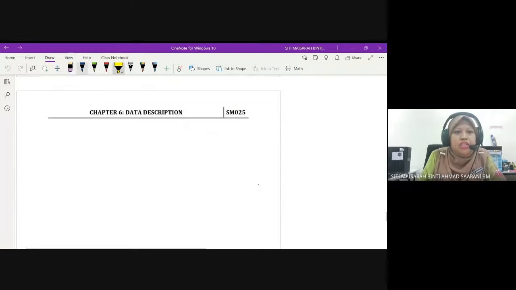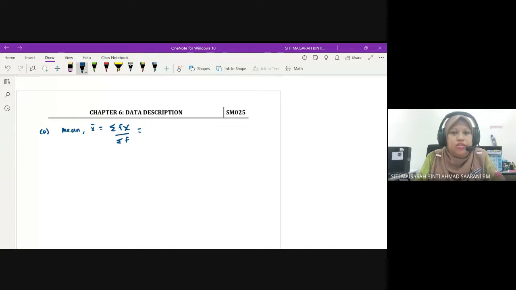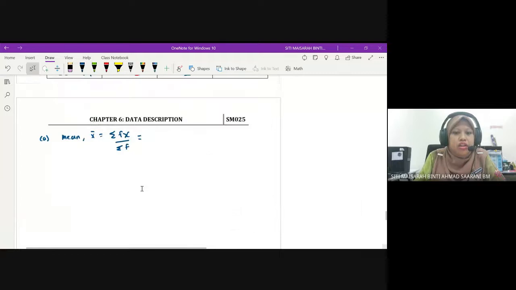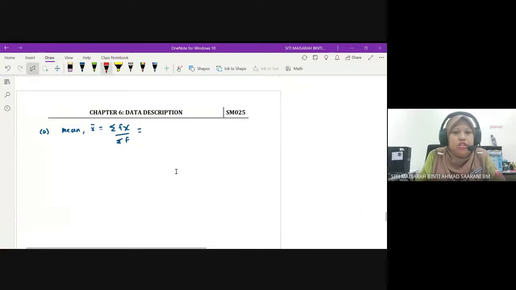What is the formula of mean for grouped data? Mean, X bar equals summation of fx over summation f. So what is your summation of fx? You need to enter X and then f into your calculator and find summation of fx.